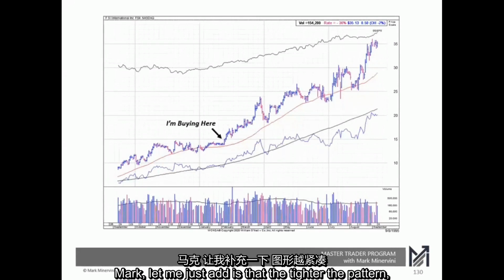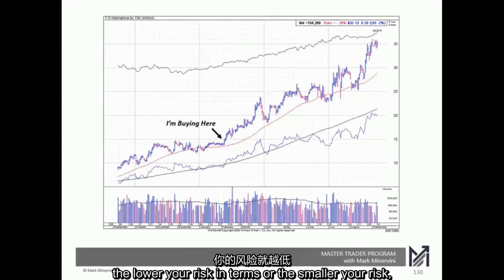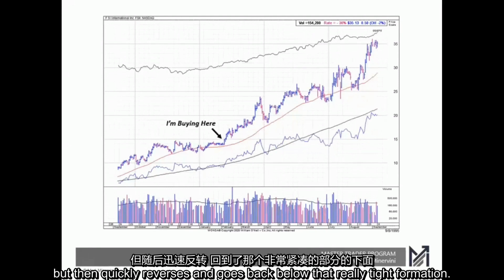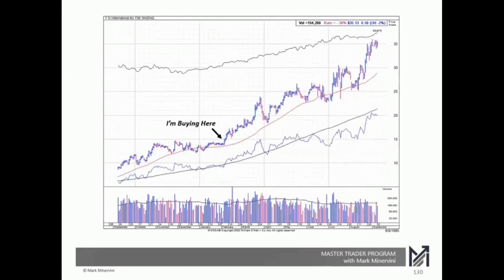And Mark, let me just add, the tighter the pattern, the smaller your risk, because if that stock, let's say it breaks up and out of that pattern, but then quickly reverses and goes back below that really tight formation, then that's not right.